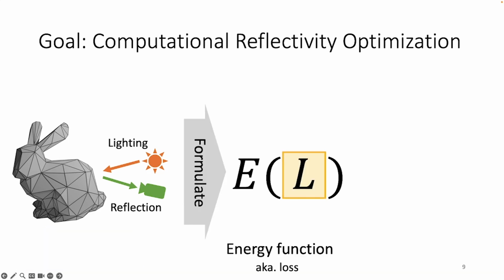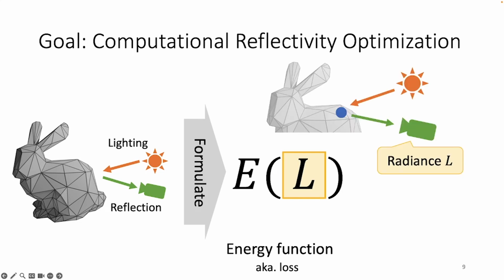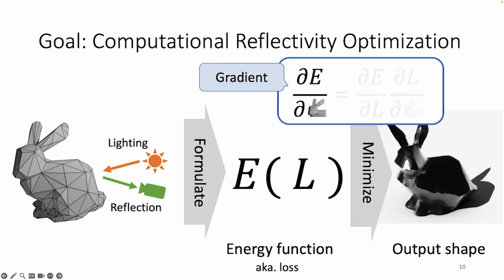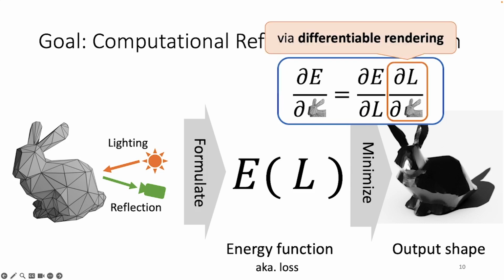More specifically, we formulate the reflectivity objective as a scalar energy function E, which is computed by simulating the reflected radiance L, which is the intensity of light, for the points on the input surface and varying incoming light directions. We then minimize the energy by computing its gradient with respect to the input mesh. The gradient is obtained using the differentiable rendering technique that in a sense computes the gradient of radiance. This is the high-level overview of our method.